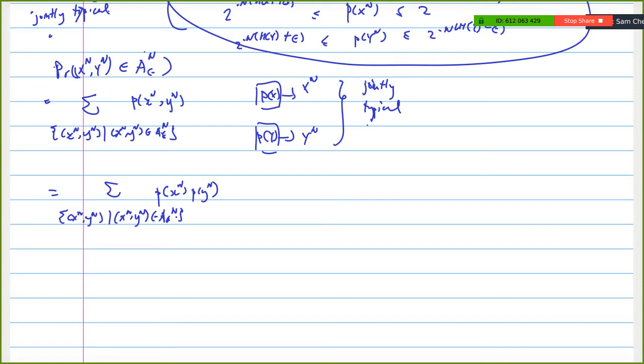Now, this will be less than or equal to this, again a sum over (x^n, y^n) in the jointly typical set A_epsilon^(n).